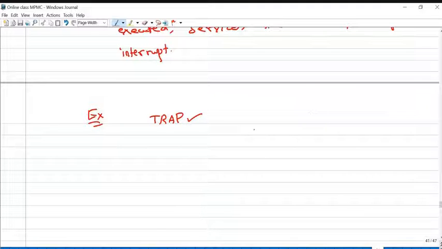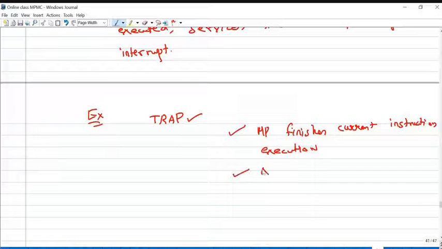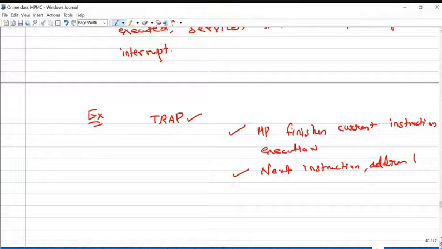Please understand, whenever an interrupt request is received, the microprocessor finishes the current instruction execution first, and the next immediate instruction address location is saved in the stack memory.